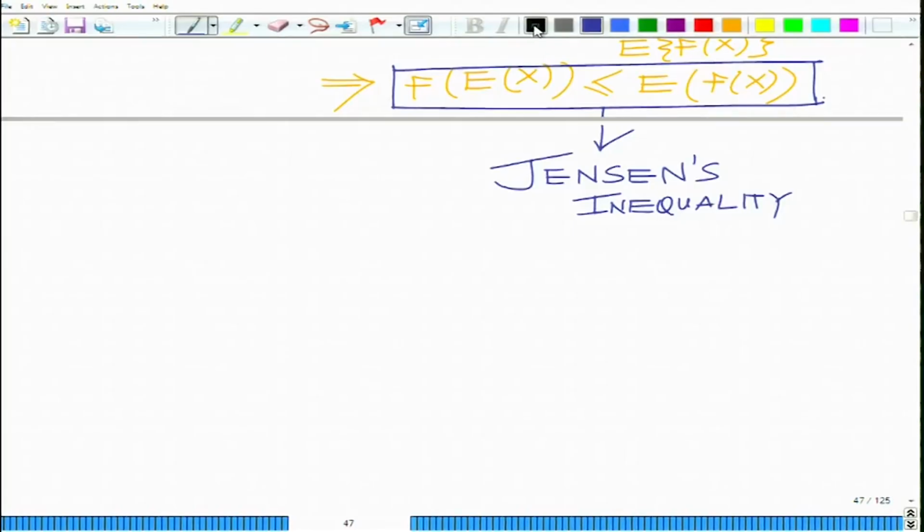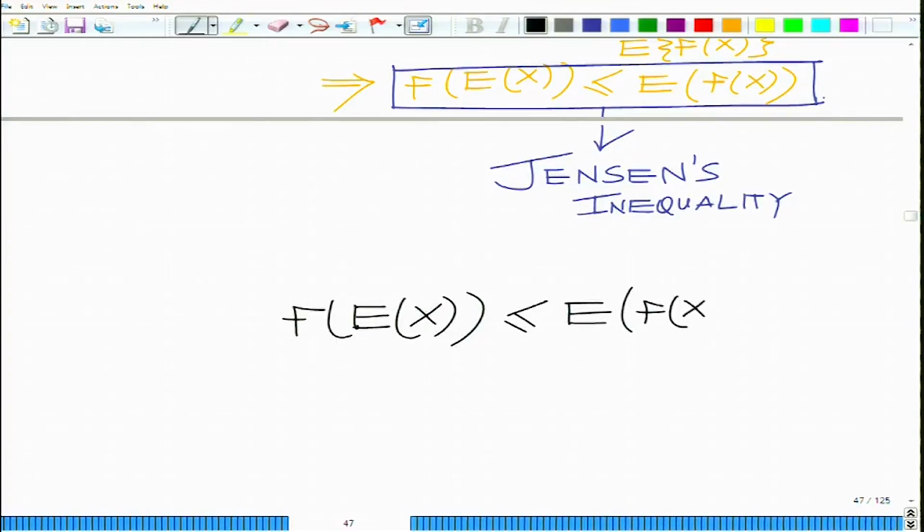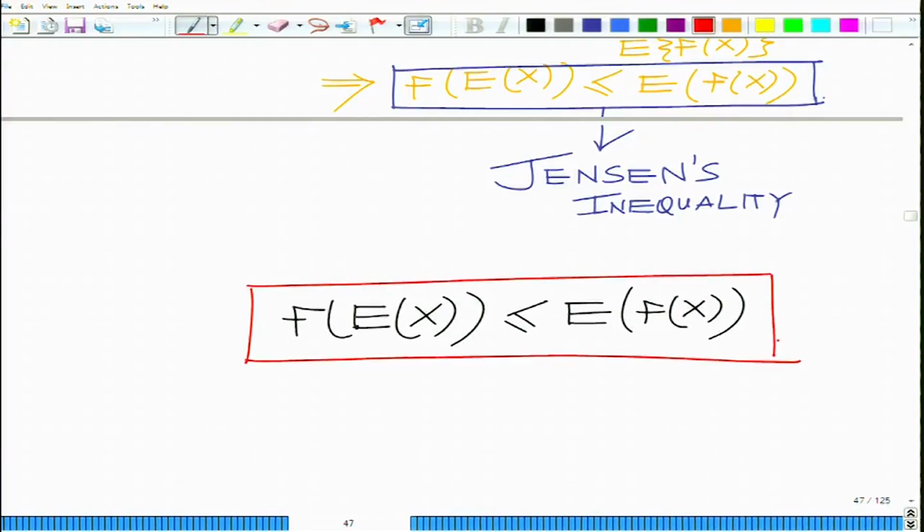It states that for a convex function, f of the expected value of a random variable is less than or equal to the expected value of the function of that random variable. So, this is again f of expected value of x less than or equal to expected value of f of x, for convex.